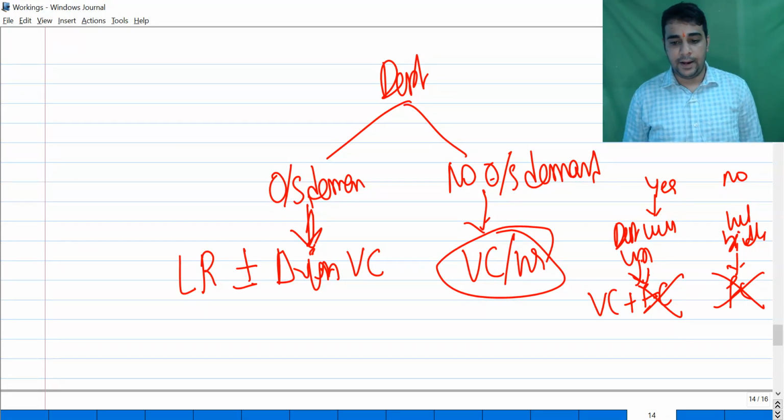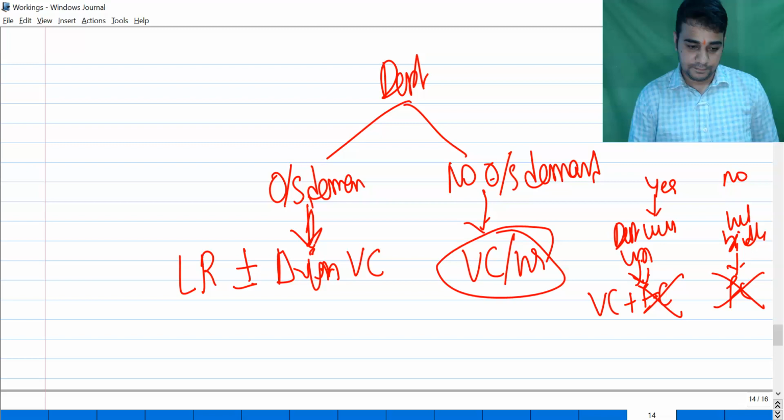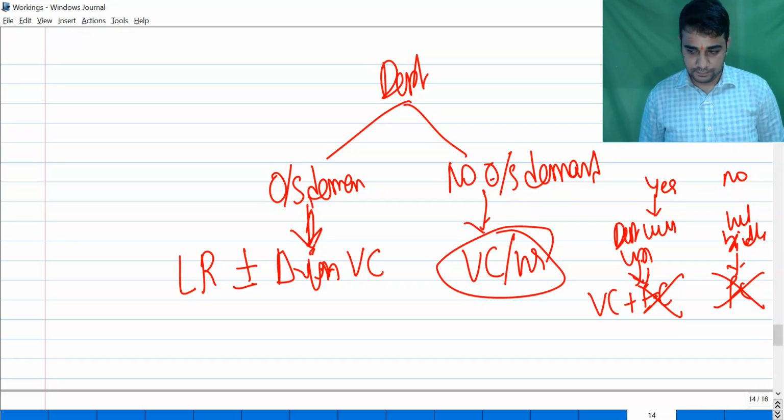Has outside demand, put an arrow mark down.